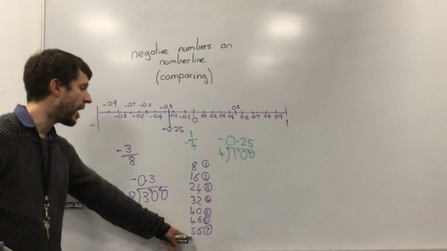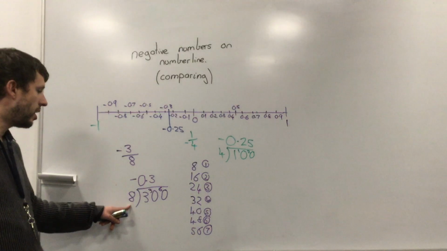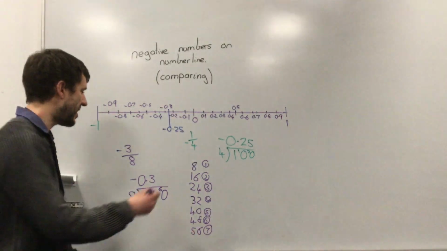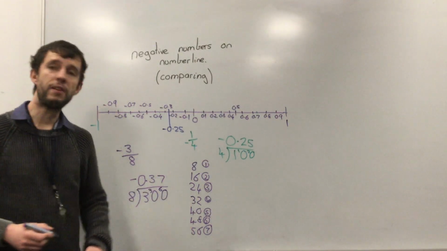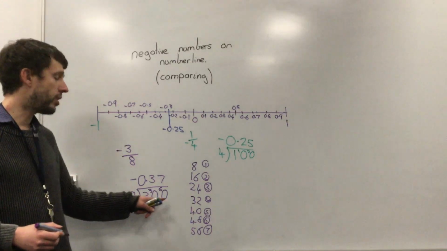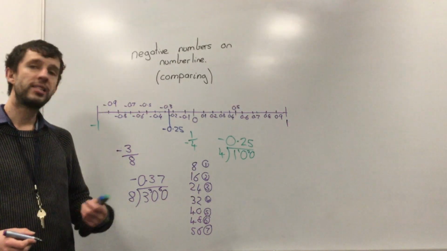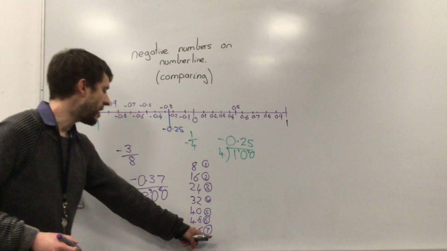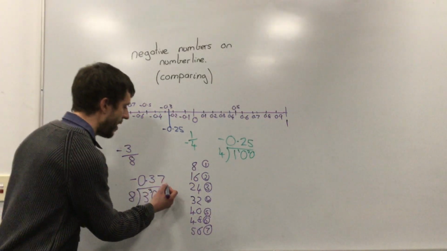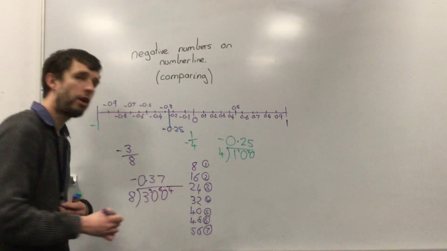So I can go down, I'll share 56 of those between 8 people, and they get 7 each. I've shared 56, not 60. So I've got 60, take 56 equals 4. So I've got 4 left over.